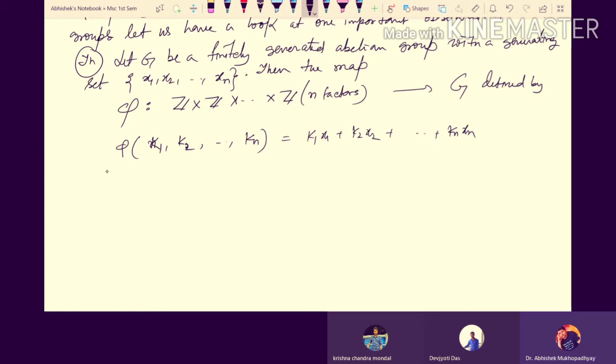So this map will be a homomorphism from Z cross Z cross ... Z, n factors, onto the group G. So actually it is an epimorphism from Z^n onto G.